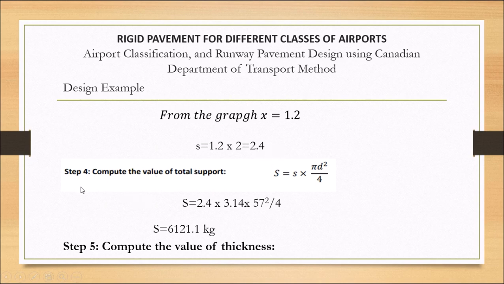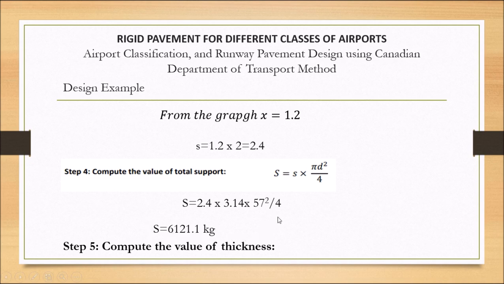So the next step is to compute the value of the total support, which is the bigger S, and is equal to smaller s times pi d square over 4 from the formula we had earlier. So this will be equal to 2.4 multiplied by pi, which is 3.14, multiplied by 57, because our d is 57, then squared over 4.